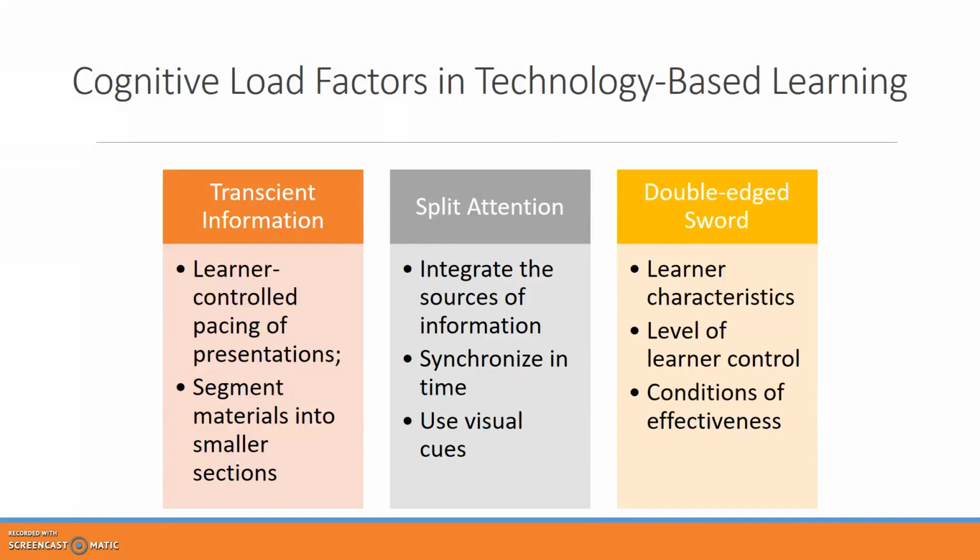Such processes may easily overwhelm working memory. To combat the possible negative consequences of transient information, learner-controlled pacing of presentation supplemented with segmenting materials into smaller sections could be helpful.